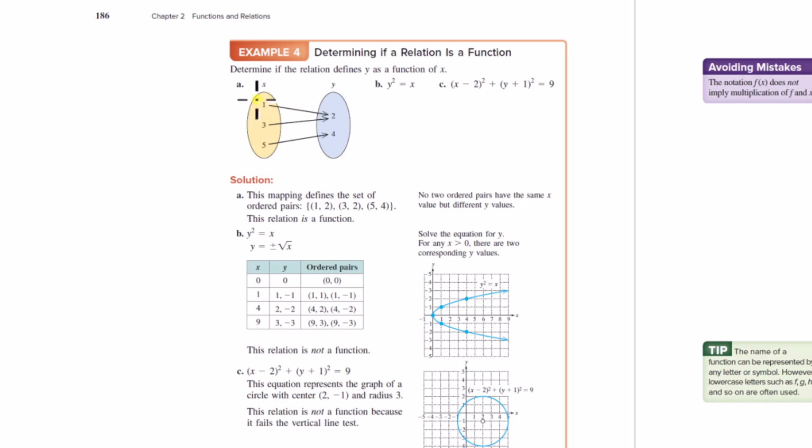That means that since x are the inputs, you can't have the same input mapping to multiple outputs. So no, that's not the case here. Yeah, you have 1 and 3 mapped to the same output, but that's fine. You couldn't have two arrows going from the same input to different outputs, and that's not the case. So this relation is a function, okay?